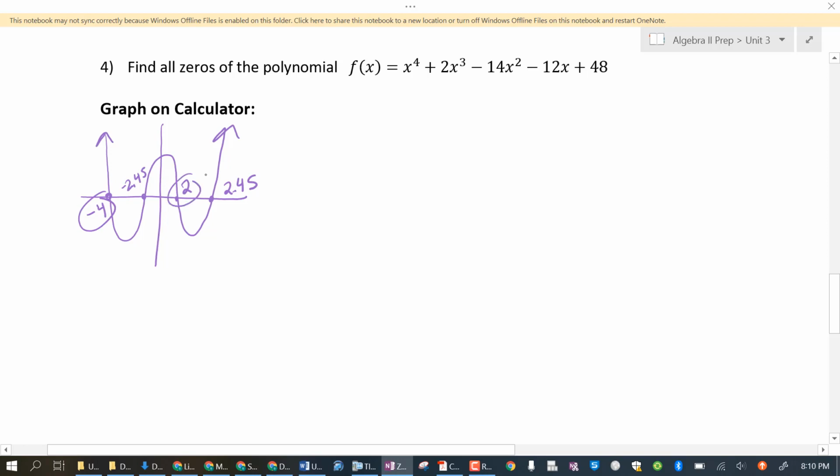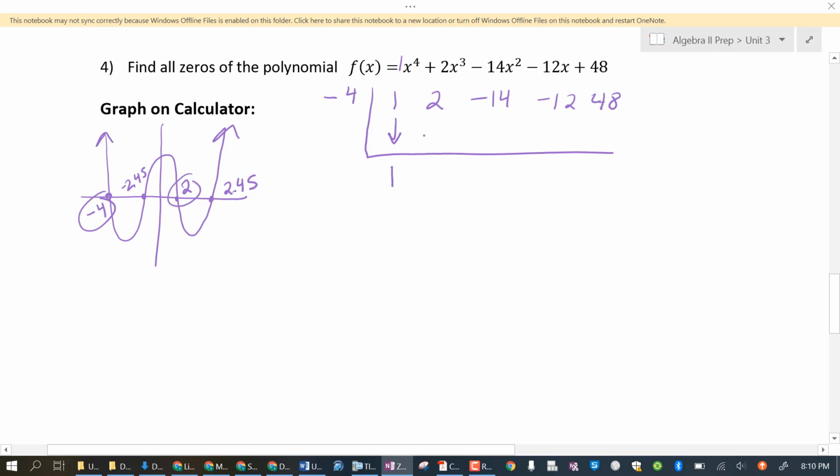So again, we're going to use synthetic division to help us, and we can start with either negative 4 or 2. It doesn't matter. So I'm going to start with negative 4. I'm going to use my coefficients. So 1, 2, negative 14, negative 12, 48. So I'm going to bring down the first term.